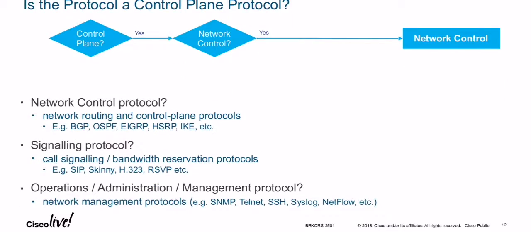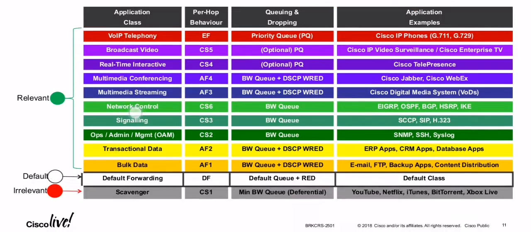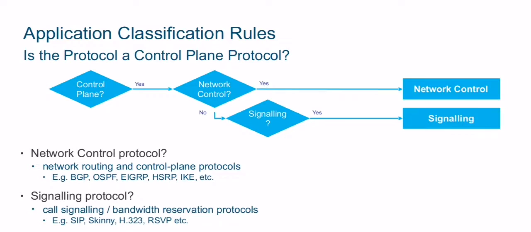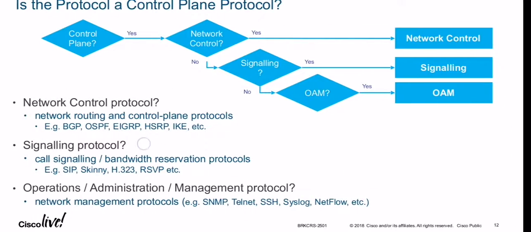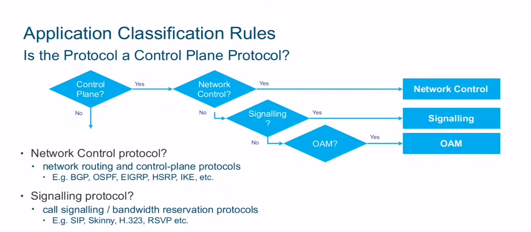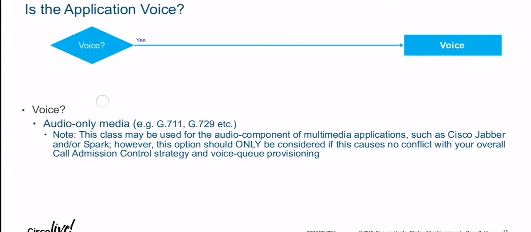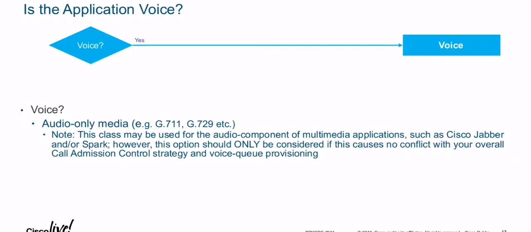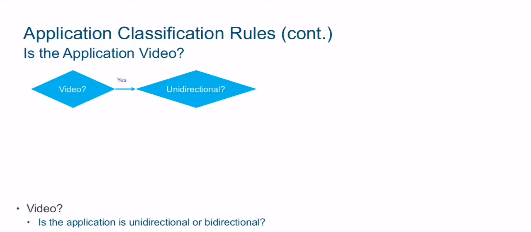Then you can mark it accordingly. You can put one of the priorities to it. Is it a signaling type of protocol? Then apply the corresponding priority. Is it management? Is it voice? Then mark it as voice. All right, that's it.